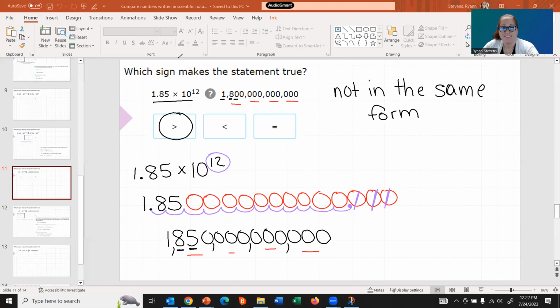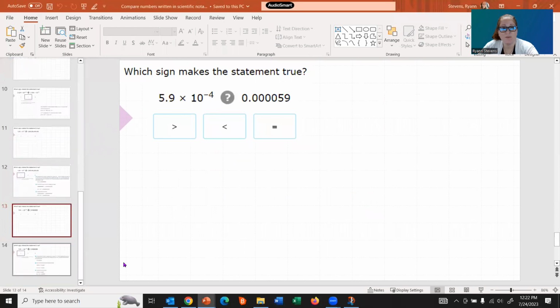All right. And then one more example that we have here. We have 5.9 times 10 to the negative 4th. And then we have 0.000059. We need to see which one is greater. And so again, looking at this, they're not both in the same form.